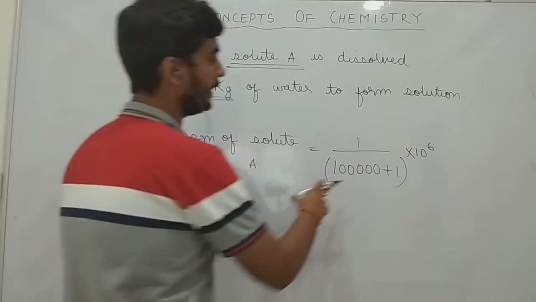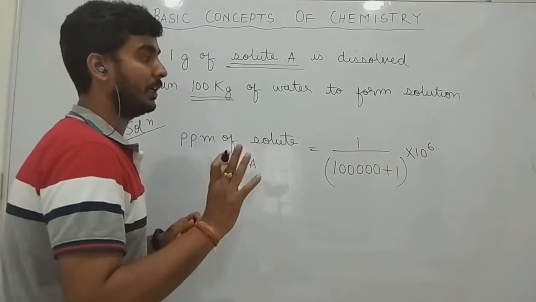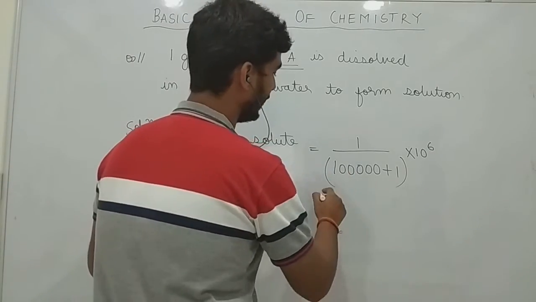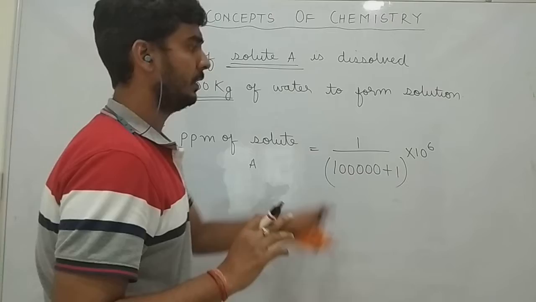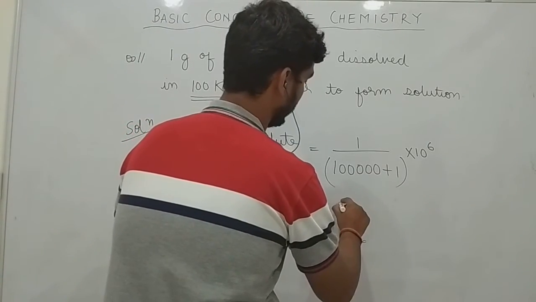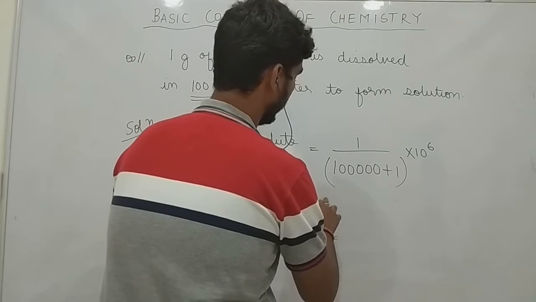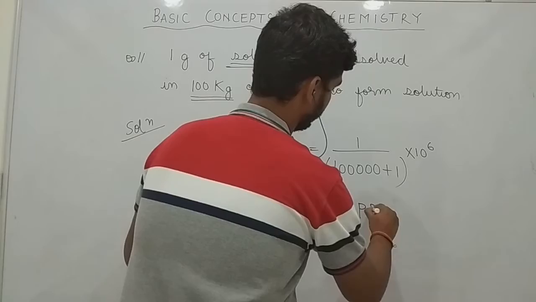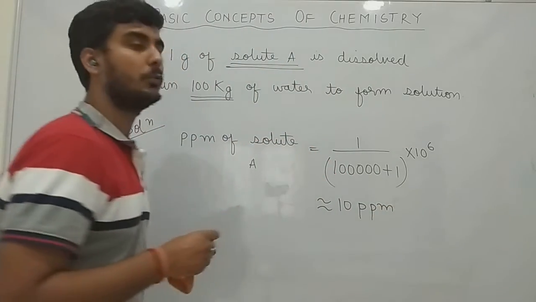If you calculate it, it will come around 9.99 something. You can use it approximately as 10. So the answer is approximately 10 ppm. So this is how you can use this formula, very easy formula.